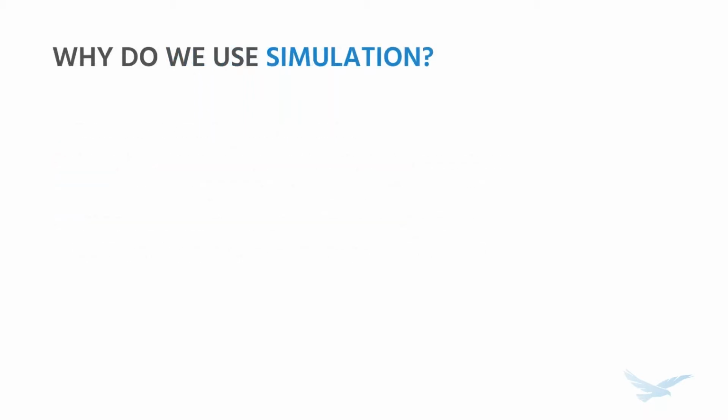So half of you are using simulation today, and we usually have some sort of goal when we're conducting a simulation. There's a lot of different reasons that people will throw out, but it usually boils down to one primary goal, and that's to predict how something is going to work, how it's going to perform.